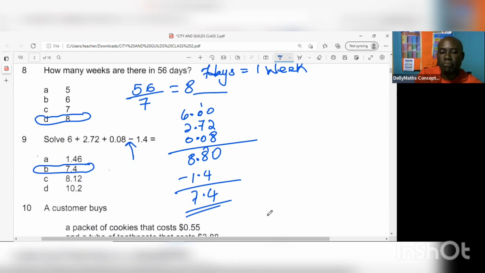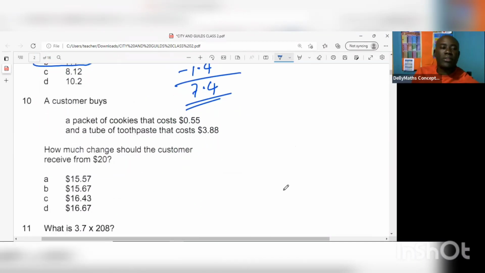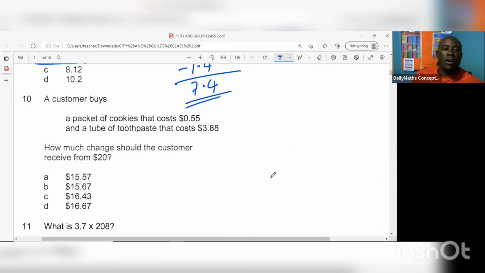Subtraction. A customer buys a packet of cookies that costs 55 cents and a tube of toothpaste that costs $3.80. How much change should the customer get back out of 20? So we want to add these together. Make sure that you're adding correctly, lining up your things properly. So we're talking 3.88 plus 0.55.